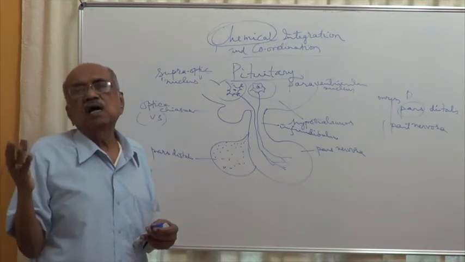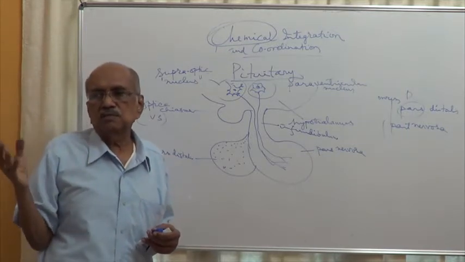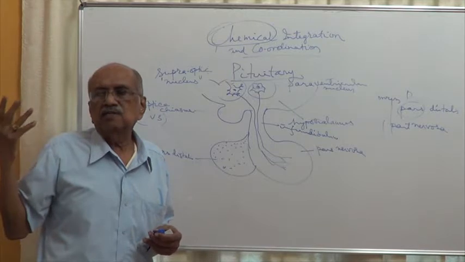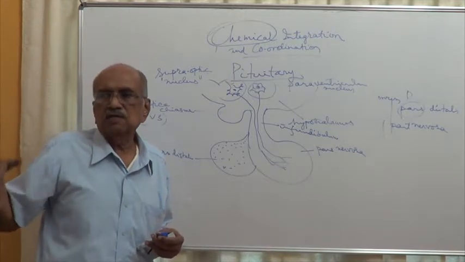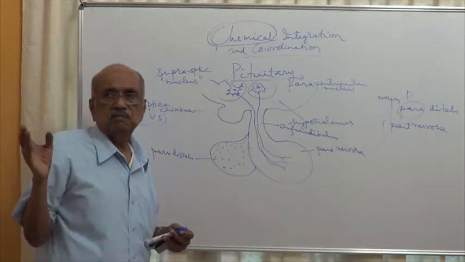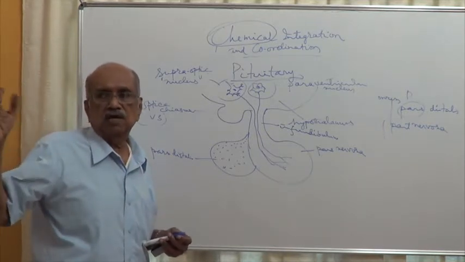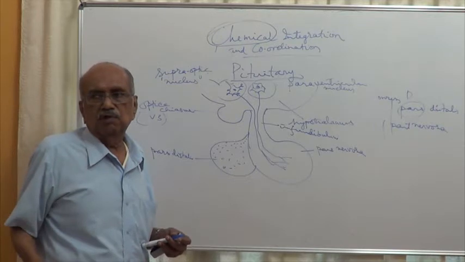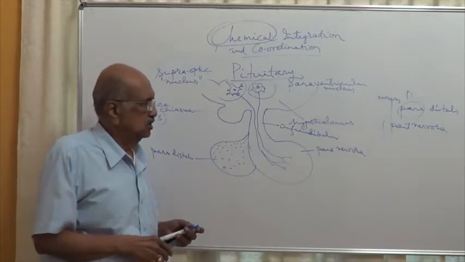We have seen how such a hepatic portal system collects digested foodstuffs from the stomach and intestine and carries it to the liver. Hepatic portal system. Lower vertebrates also have another system, which is called the renal portal system, absent in humans.